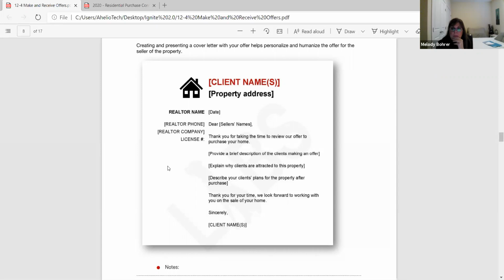Tabitha: Just as a heads up, at a recent contract class with Lori Malner, she is prohibiting us from having buyer letters because of the fair housing risk that poses, like familial status and things like that. That was just last month.